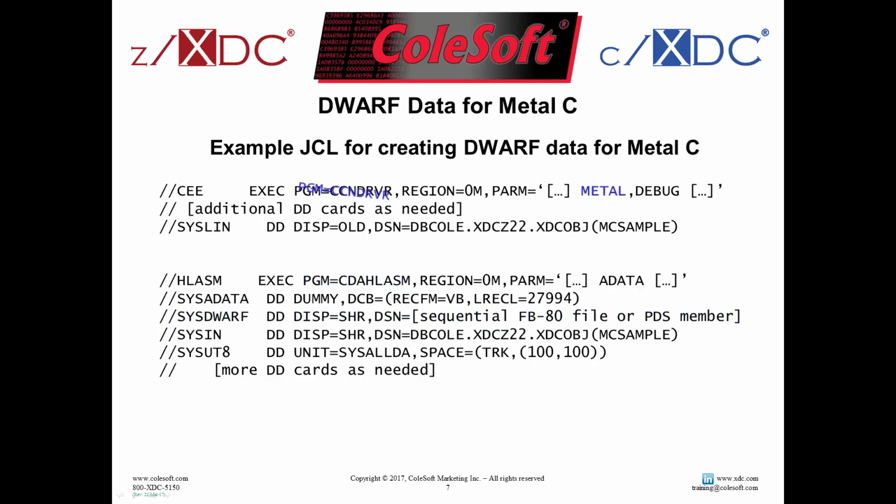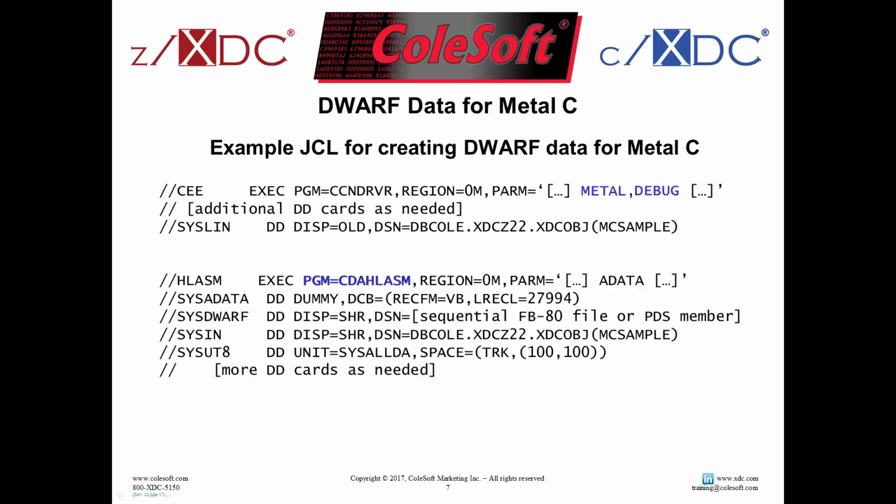In the C compilation step, add DEBUG to the PARM field or compiler options. This will cause the XLC compiler to build and pass Dwarf data to the post-processing assembler via the object output file. Note, a SYSCDBG file is not needed.